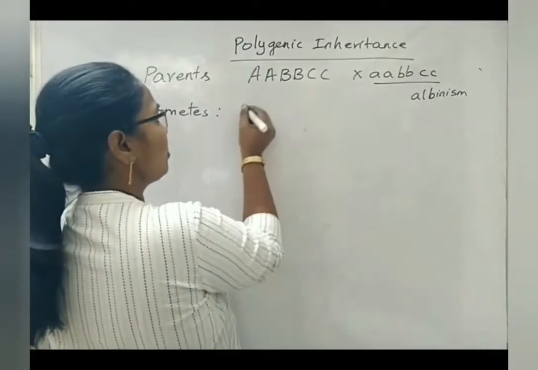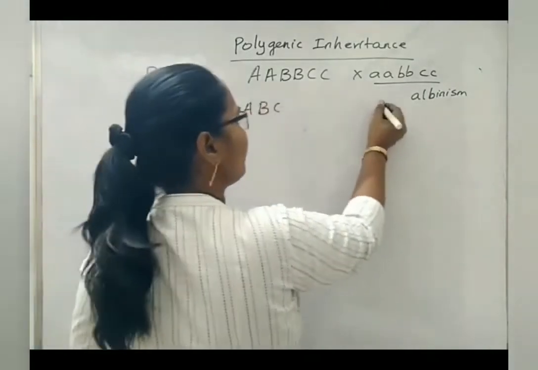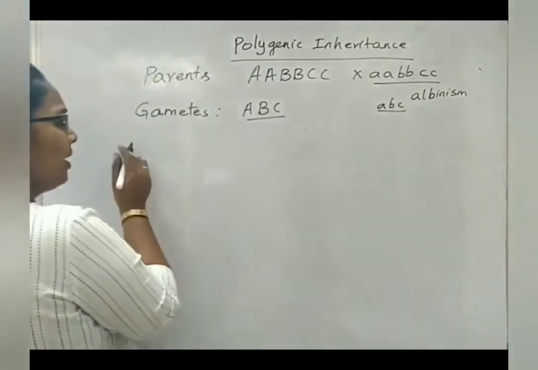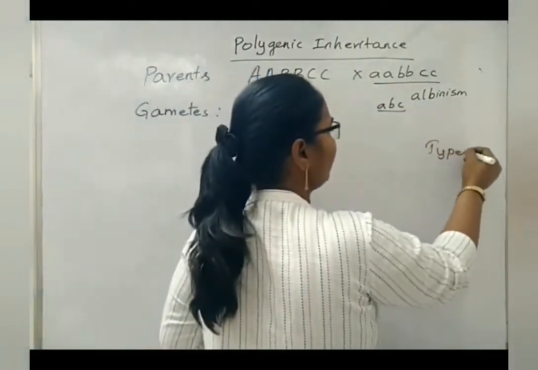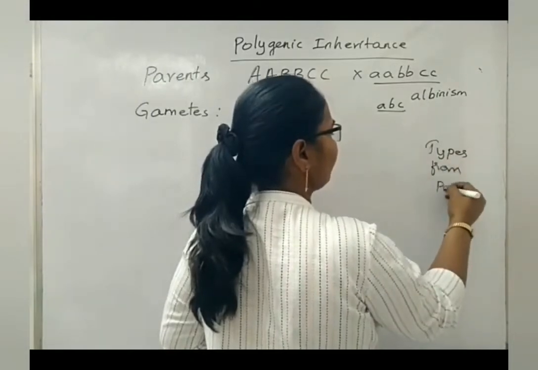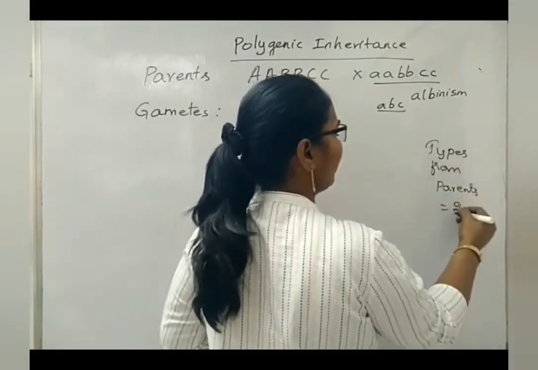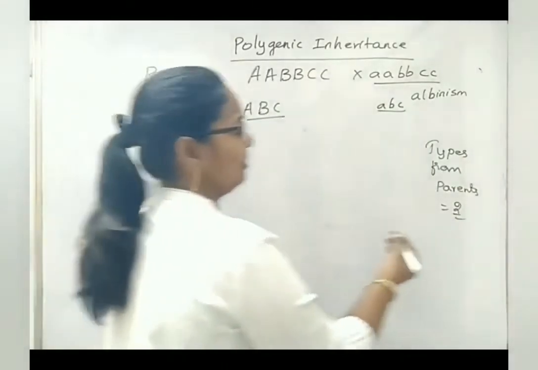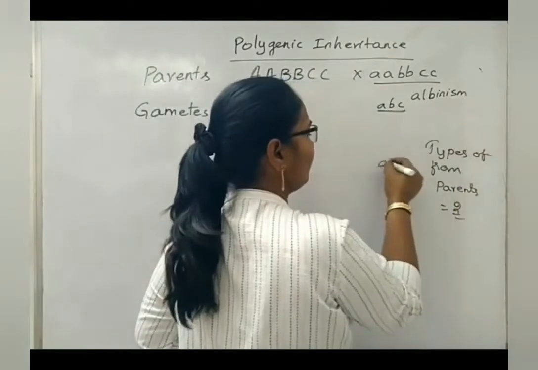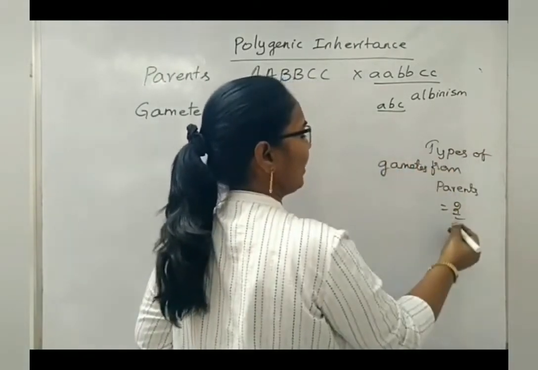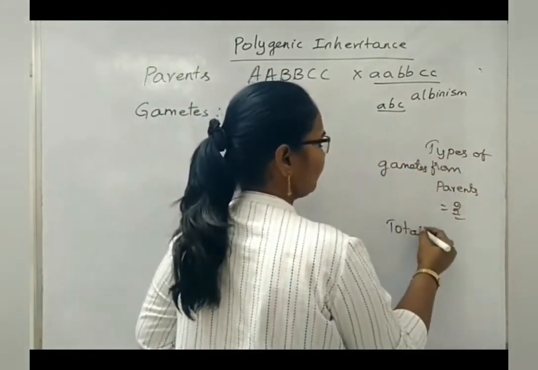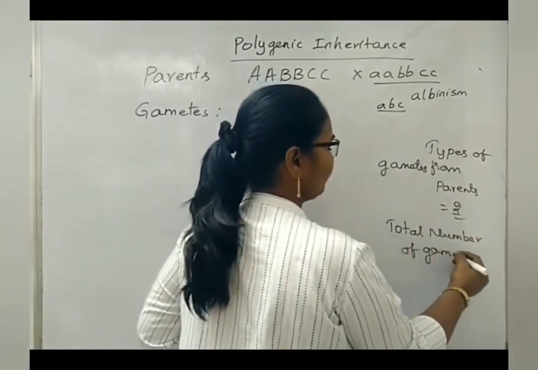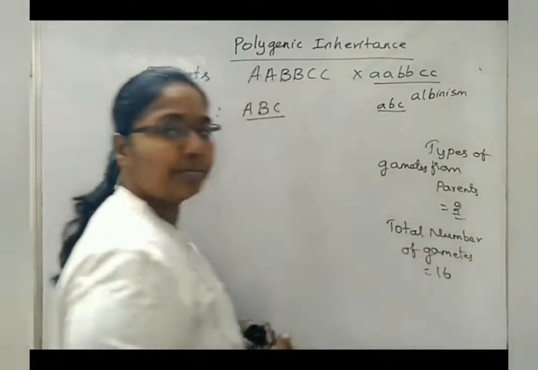So here the type of gamete is ABC, and here the type of gamete is small a, b, c. Again I am repeating, the types of gametes from parents are 2, but the total number of gametes from parents is 16.